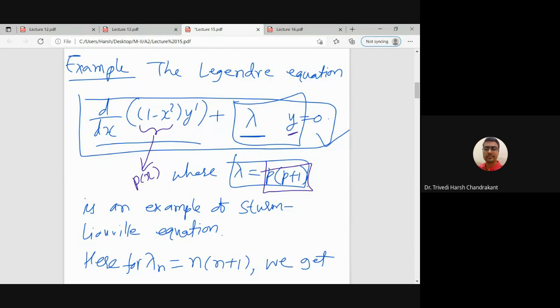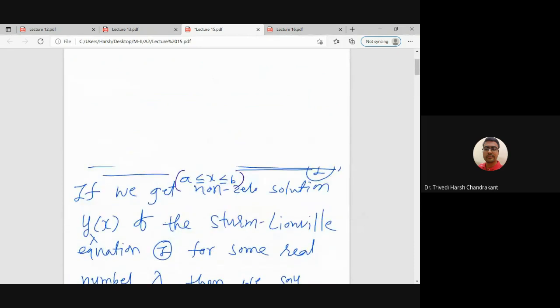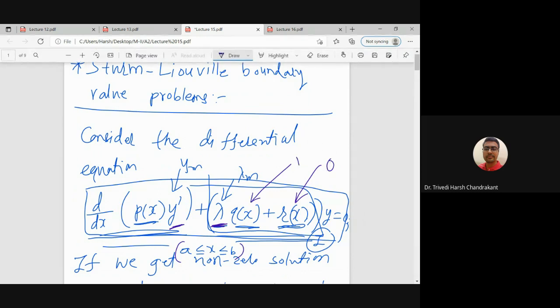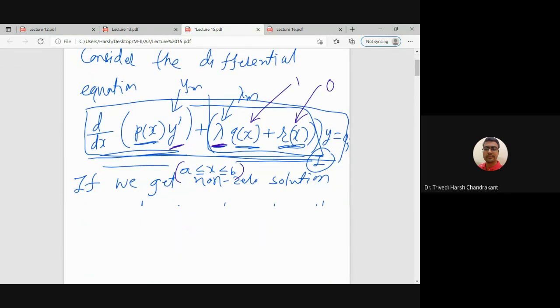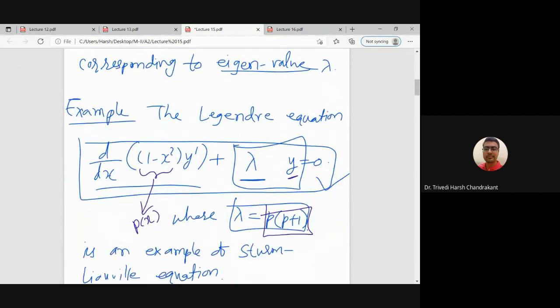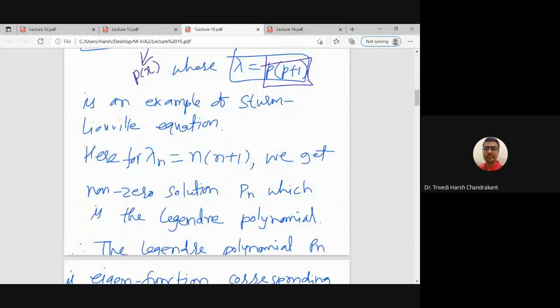So the coefficient of y is a number, and therefore when we get the Legendre equation as a special case, we can take r(x) as 0, q(x) as 1, and lambda as the number p(p plus 1). So in that case, the Legendre equation is an example of a Sturm-Liouville problem.